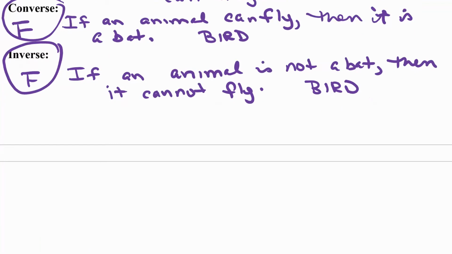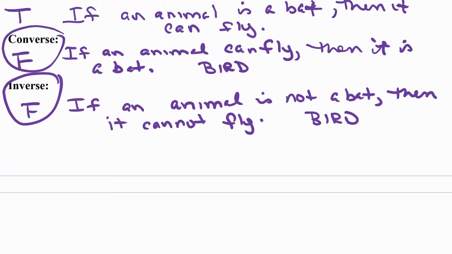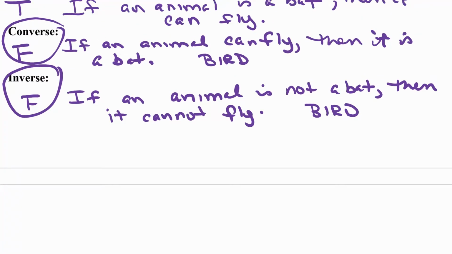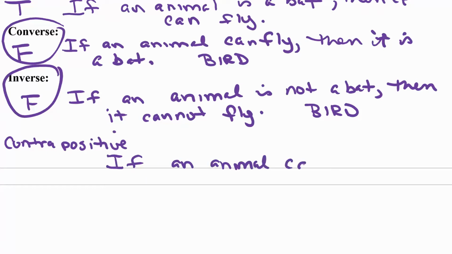Now our contrapositive, we're going to turn it the other way around. So this would be the contrapositive. So if an animal cannot fly, then it is not a bat.